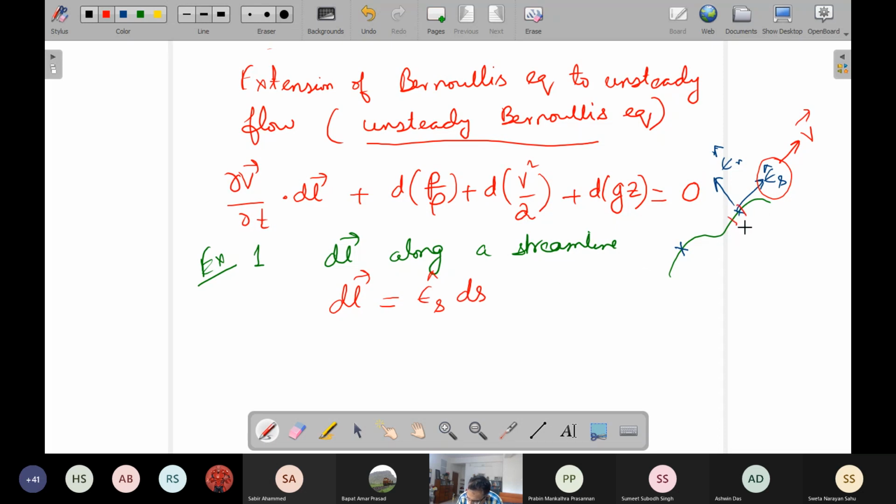Let us say you have a small element of the streamline ds. So the length vector dl is the magnitude of this length times the unit vector. And what is the velocity? Velocity is v times this unit vector along s, because by definition of streamline, v is along this one. So v dot dl, I have just put a vector here.